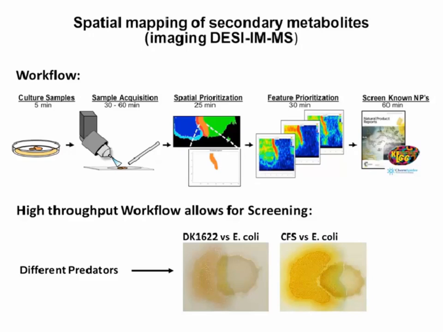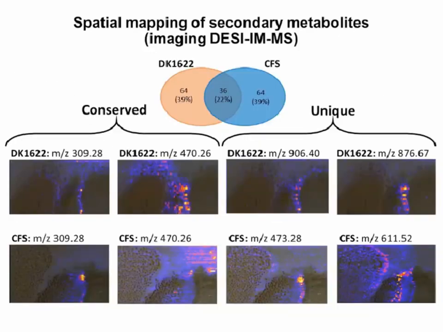To prove our method's capabilities in screening workflows, we compare and annotate features of interest between two strains of myxobacteria, a cave strain and a laboratory strain. Within the top 100 features in the respective predation zone for each of these bacteria, we find about 11% conservation between the two different strains, represented in the Venn diagram.